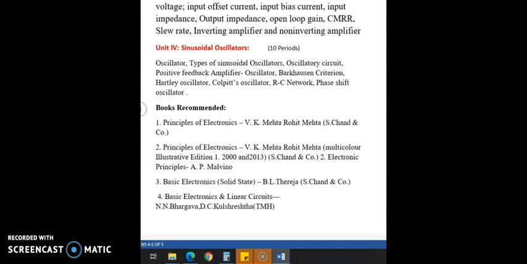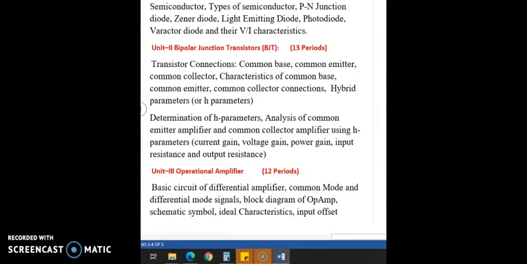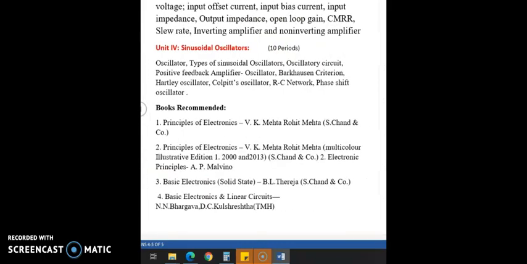Electronics, Fundamentals and Applications, Digital and Analog Techniques, Introduction to Electronics, Solid State Pulse Circuits by David Bell. Electronics and Radio Engineering by M.L. Gupta. In this way, there are some books recommended to us.